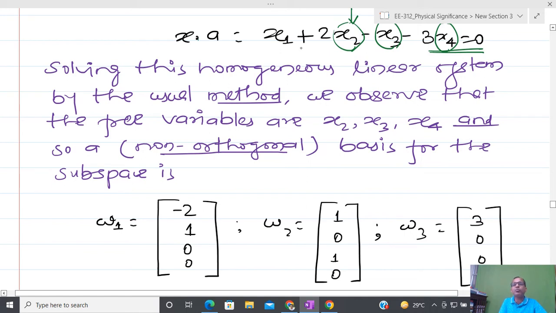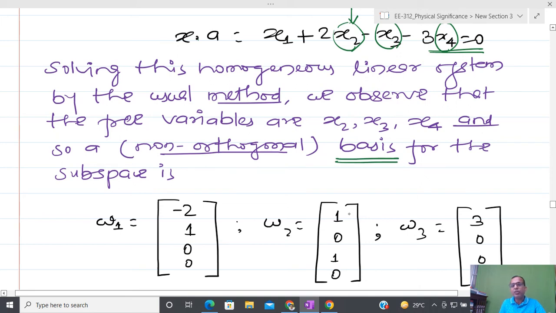Because the 4th one is a linear combination of the 3 independent ones. So either you can select x1, x2, x3, or x2, x3, x4, or any three. So the subspace has dimension 3. The original space is R4, the subspace is 3-dimensional, and I have to identify its basis.